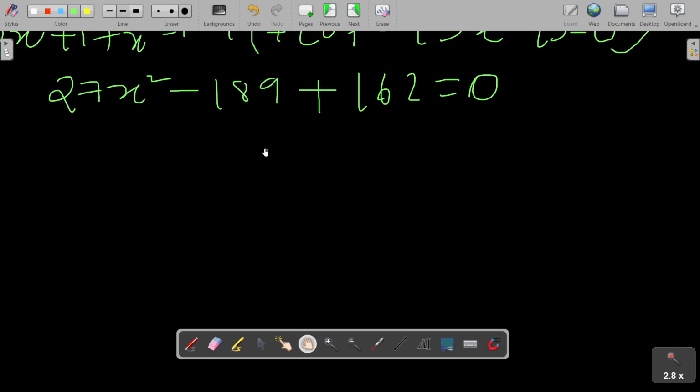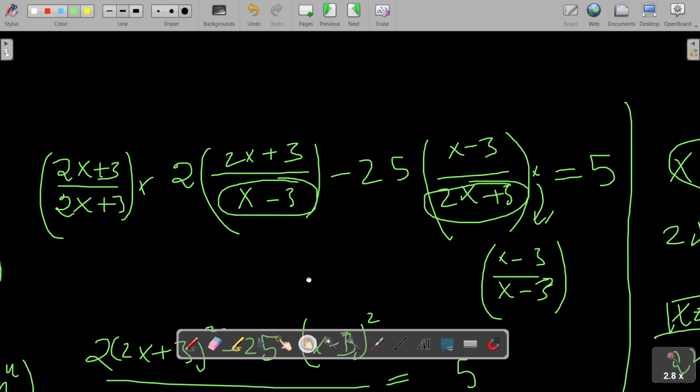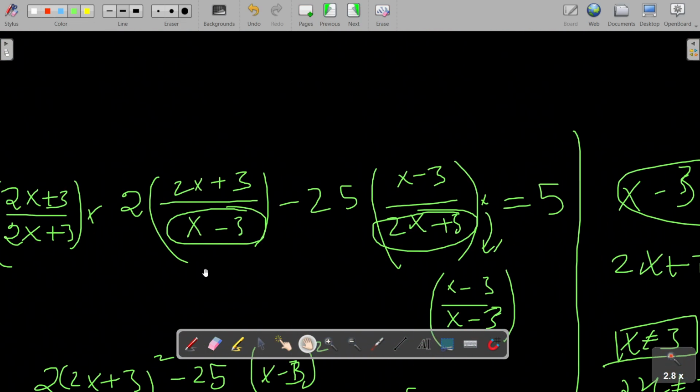So yeah, this is the quadratic equation we are left with by solving this full expression right here.